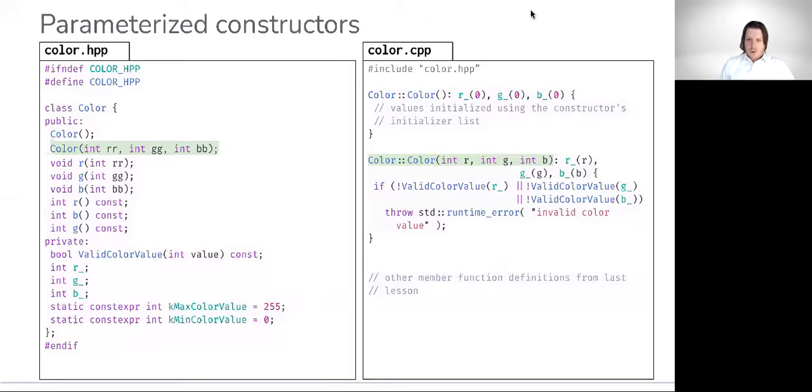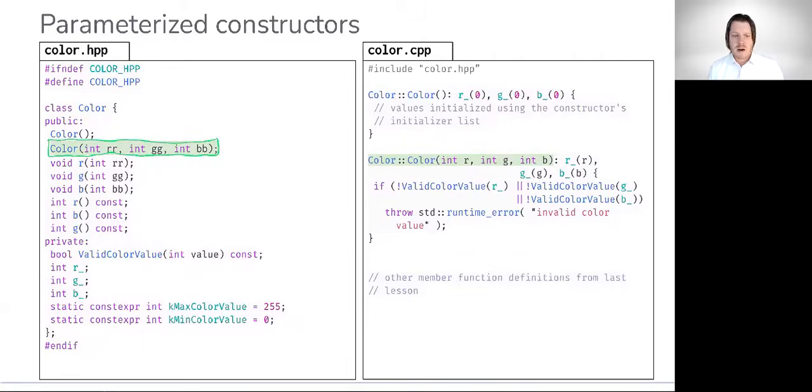So the declaration for a parameterized constructor probably follows from what you're thinking at this point. We're going to overload the constructor. So we're going to have the same name, color, followed by a different configuration of the parameter list from the default constructor.